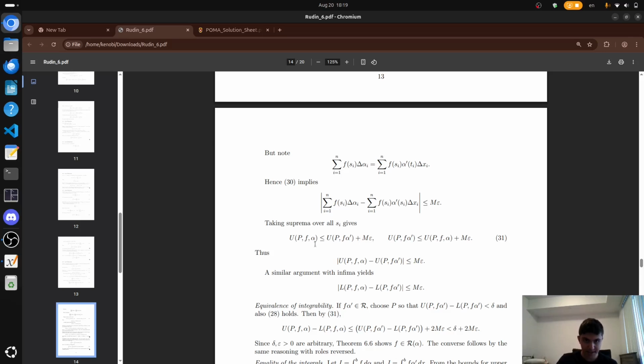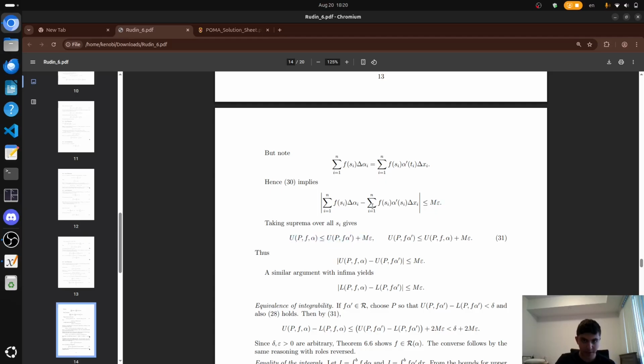Because this thing over here, if we take the absolute value separately and add it on both sides, and take the supremum, this is going to give you this, and this is going to give you this, added on with M epsilon is going to give you this.